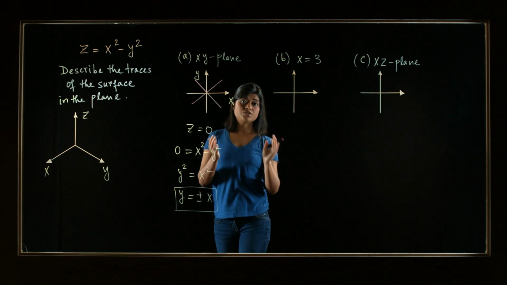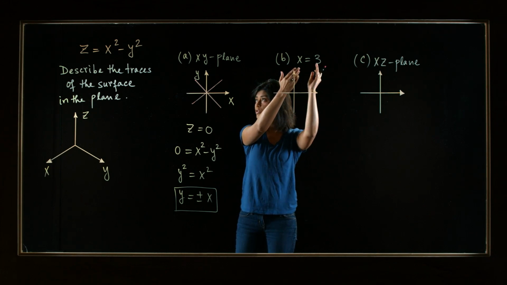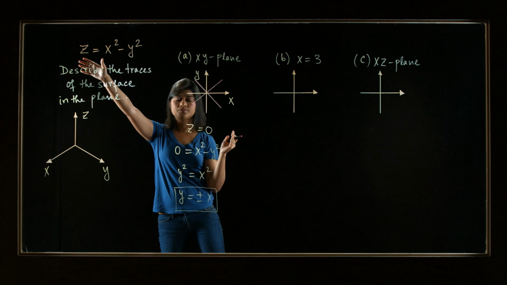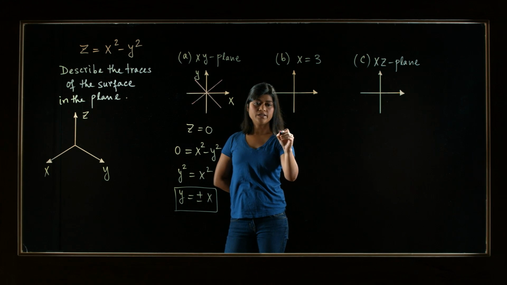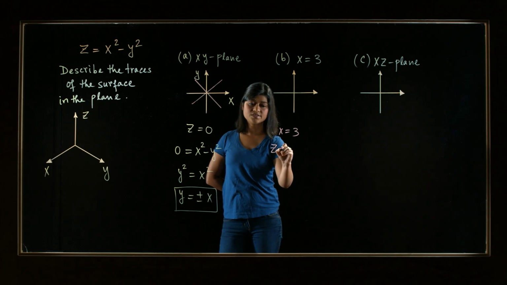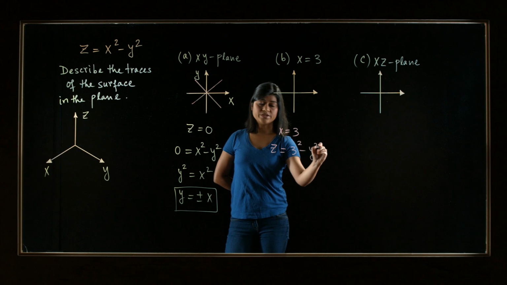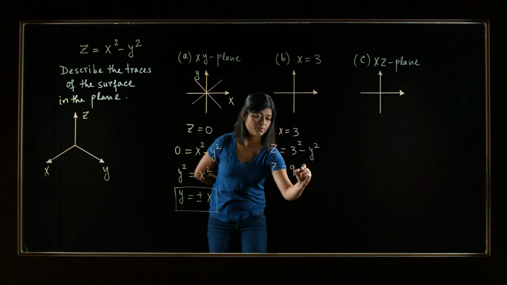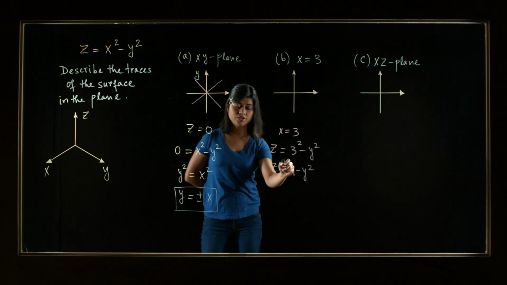First of all, to figure out the trace, we already have x is equal to 3, so we just have to plug in x equals 3 in the original equation and see what we have. So z is equal to 3 squared minus y squared, and so z is equal to 9 minus y squared. So that's our equation.